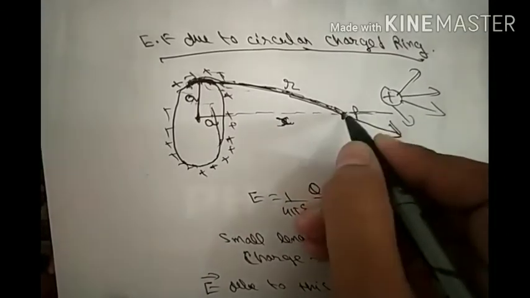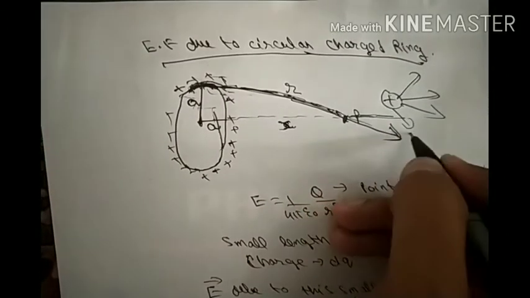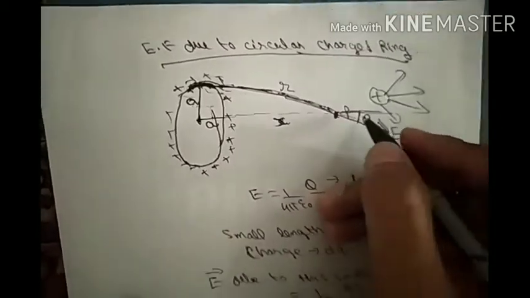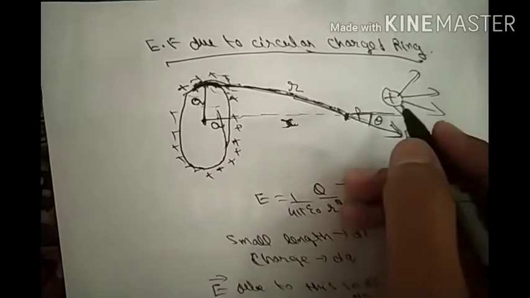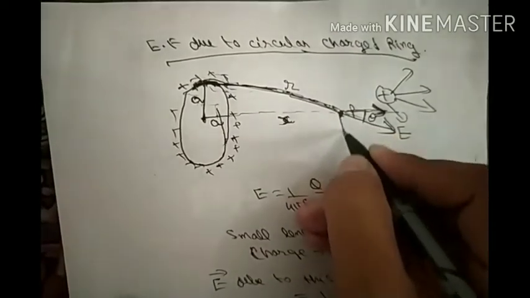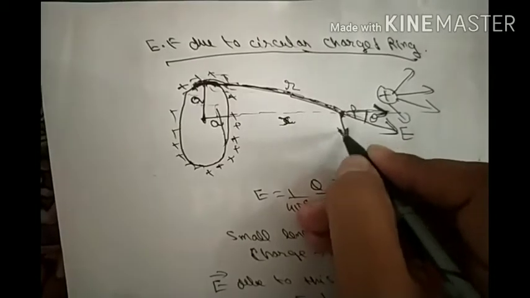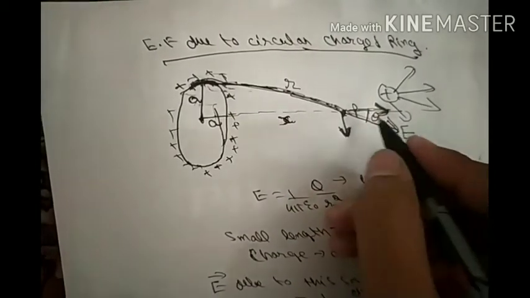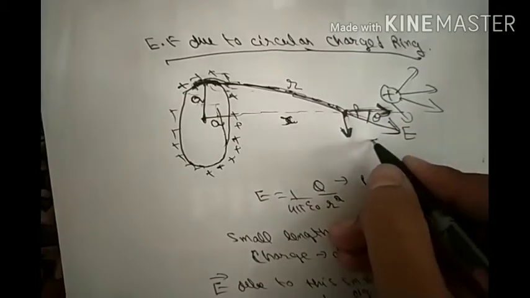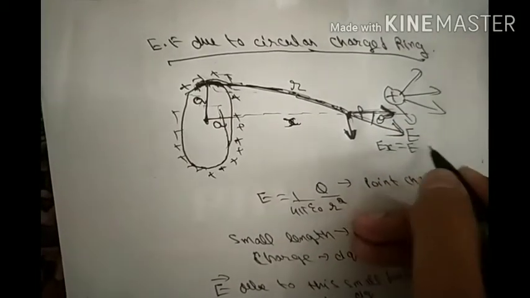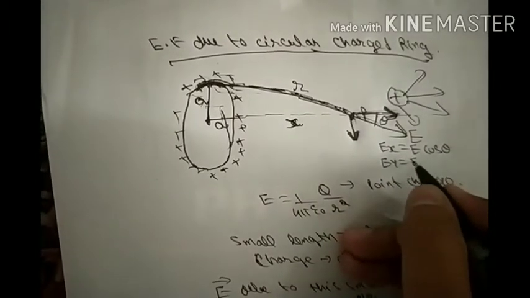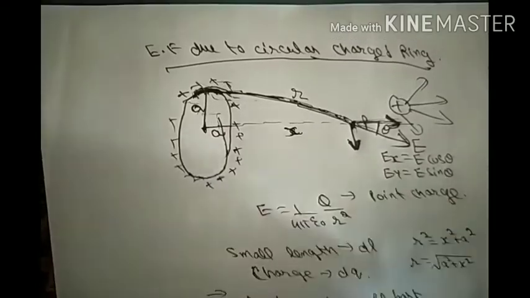This is our horizontal line, this is our electric field, and this angle is theta. We can resolve it in this direction and in this direction. This is the x direction, this is the y direction. So Ex is equal to E cos theta and Ey is equal to E sin theta.